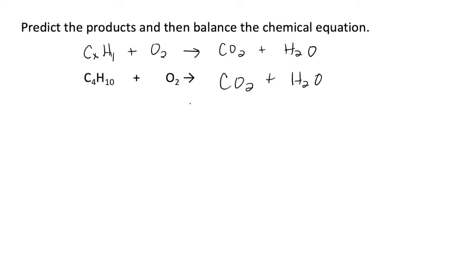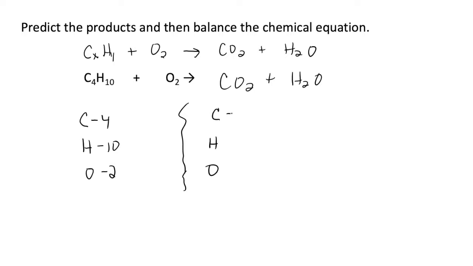The only thing we need to do now will be to balance our chemical equation. We have carbon, hydrogen, and oxygen on both sides. I'm going to line these up to make it easier to keep track when I make my tally to balance. We have 4 carbons on the reactants, 10 hydrogen, and 2 oxygen.